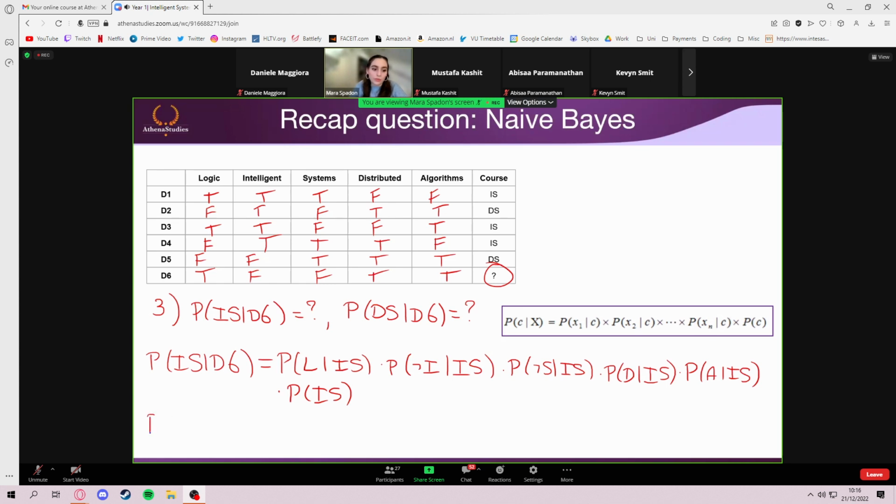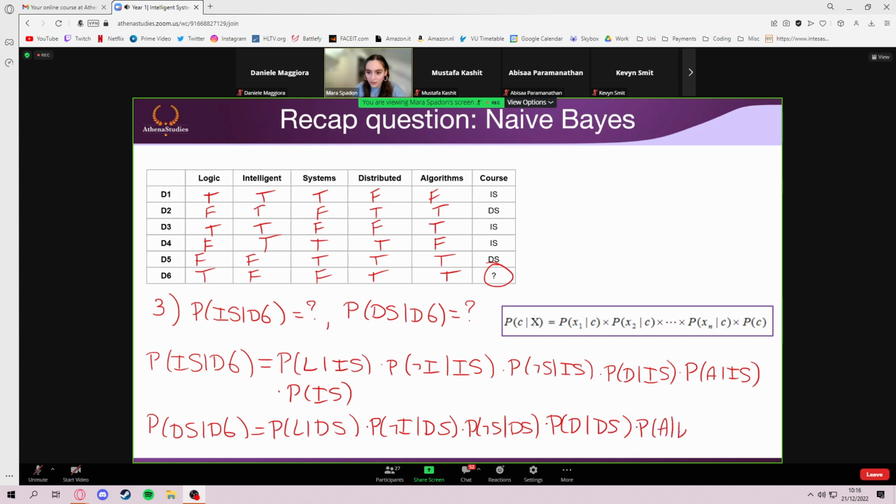Okay, so we do the same for distributed systems. So that is logic given distributed systems, not intelligent given distributed systems, not systems, distributed, I'll keep writing these things, and algorithms.